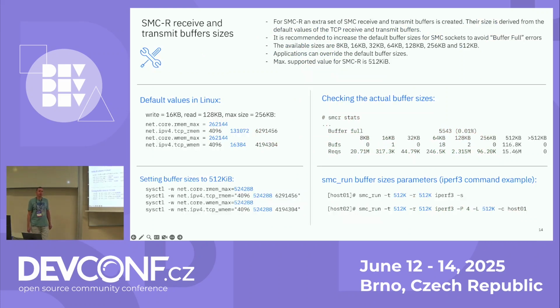The default TCP socket buffer sizes in Linux are way too small for SMC. And in order to get the best SMC-R performance, I recommend increasing the default and maximum buffer sizes to 512 kilobytes.